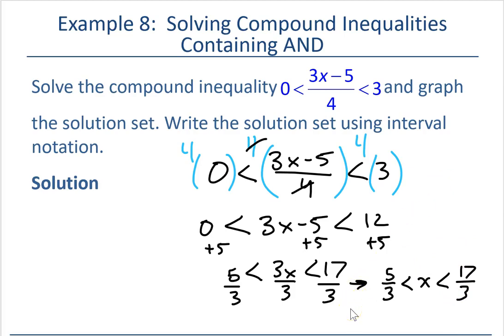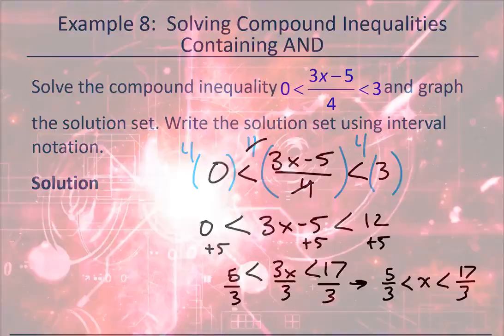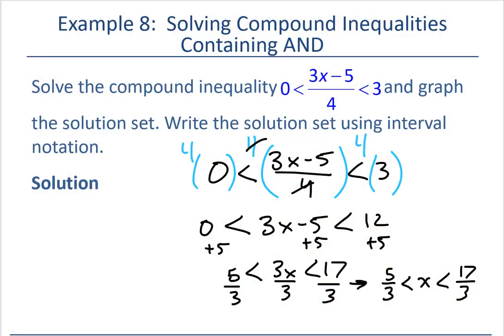We're going to have to go ahead and figure out where these are on a number line. When we start to solve this, looking at the solution, I always say graph it first.